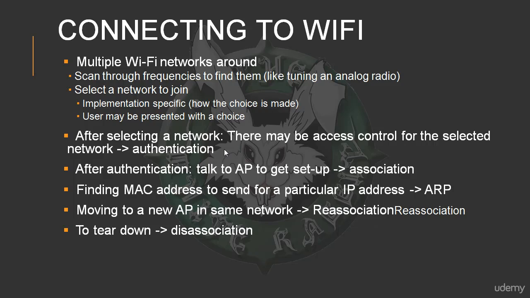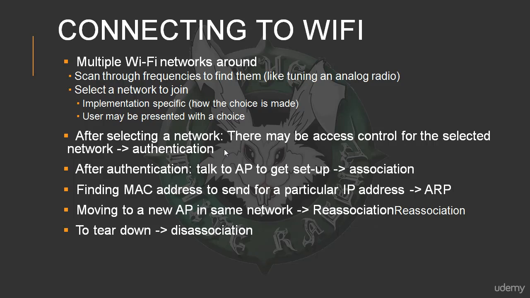actually getting set up to talk to the access point. You need to associate with the BSS or the ESS, because the access point recognizes that you are authenticated as a particular user, but you still need to associate to the access point to this BSS or ESS.